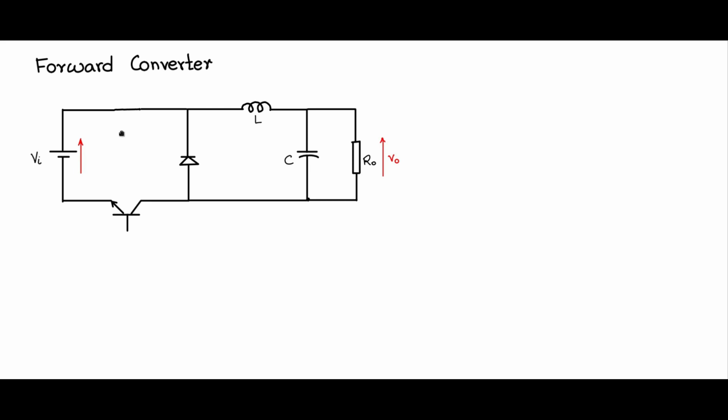Another modification that we will do in the representation is, let us put label symbols for the ground. This is the ground. I'll put a label symbol for the VCC or Vi, the positive of the source. Now I can remove this without loss of generality so that it doesn't clutter up the circuit. Now that we have removed this, it still represents the same buck converter circuit.